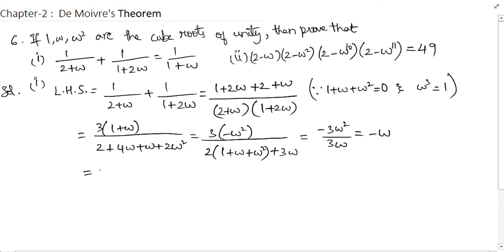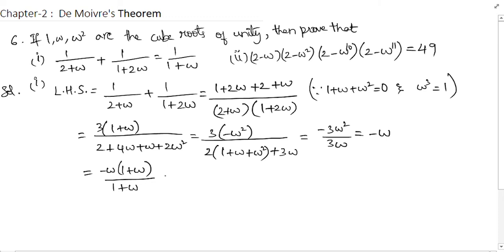And again this will be equal to minus omega into (1 plus omega) by (1 plus omega). I have multiplied and divided the minus omega with 1 plus omega.